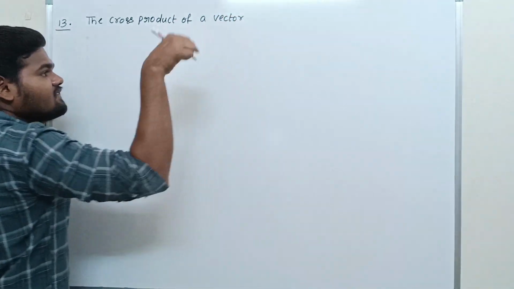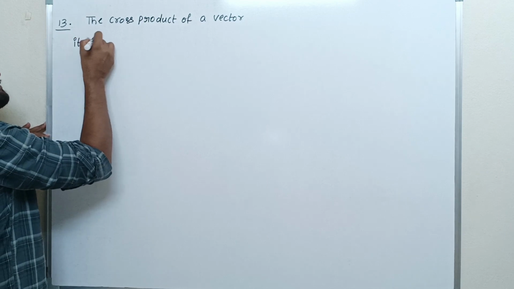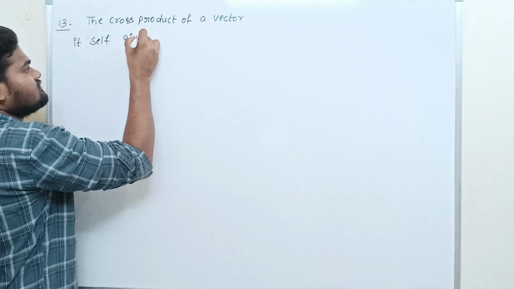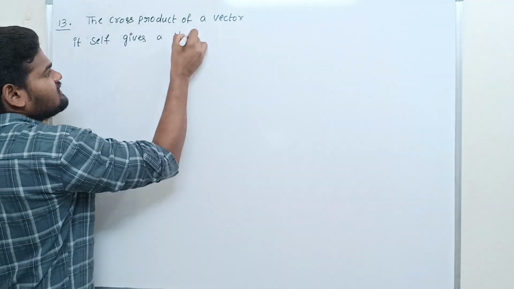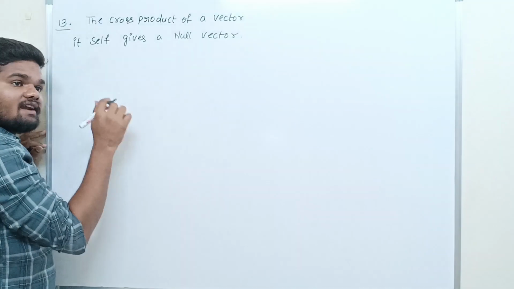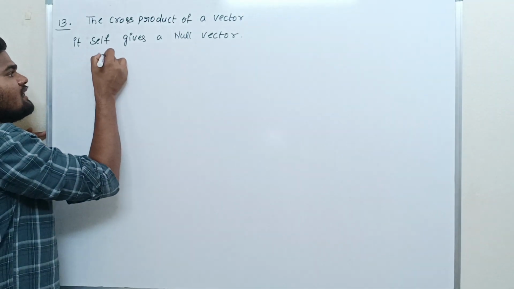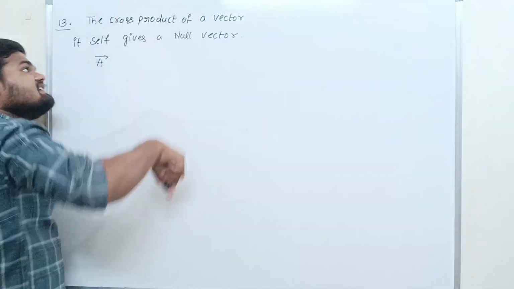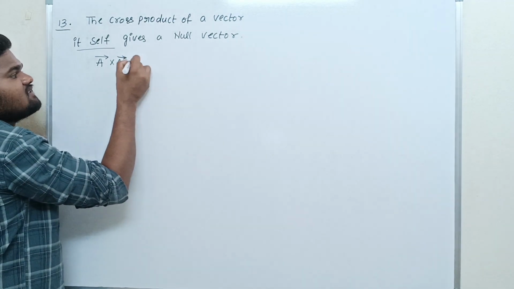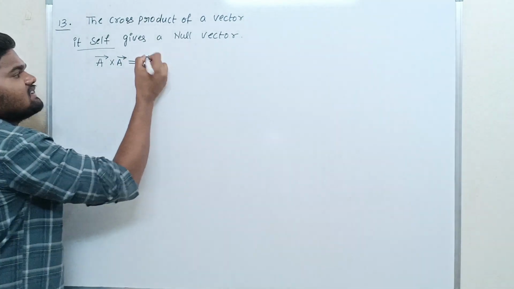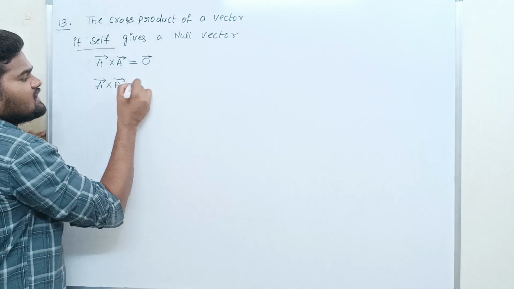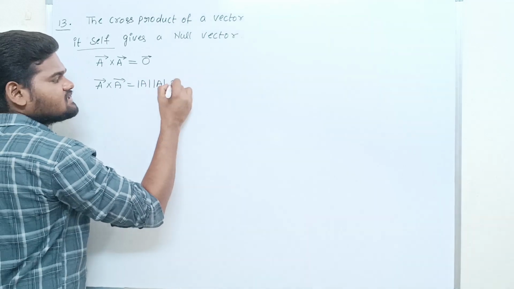The cross product of a vector with itself, that is a bar cross a bar, gives a null vector, that is 0 bar. In general, a bar cross a bar is equal to magnitude of a into sine theta.